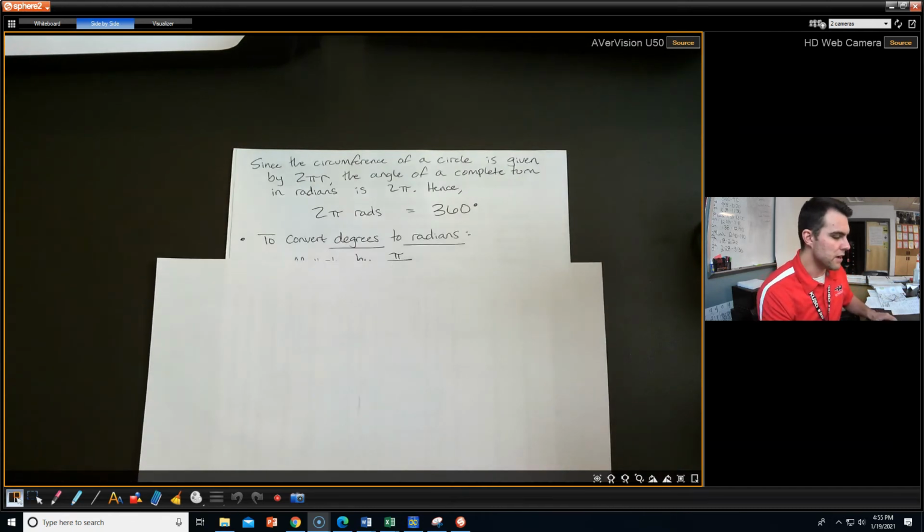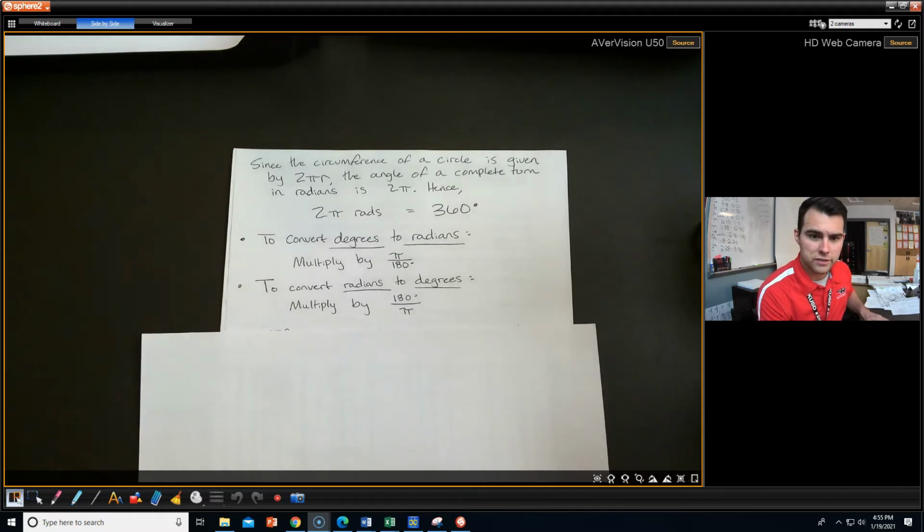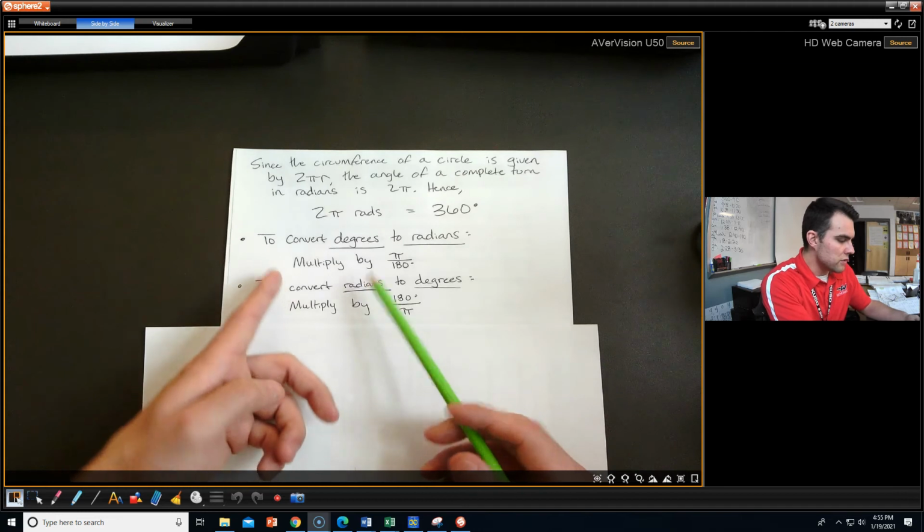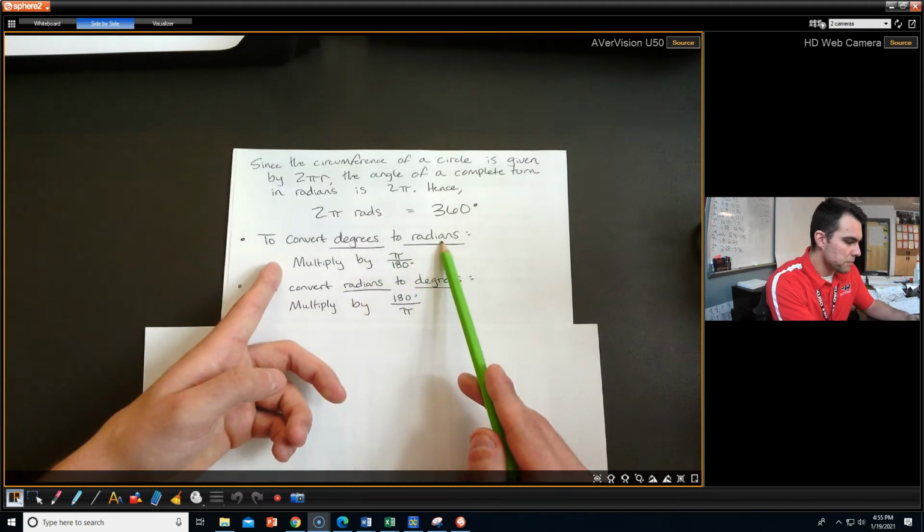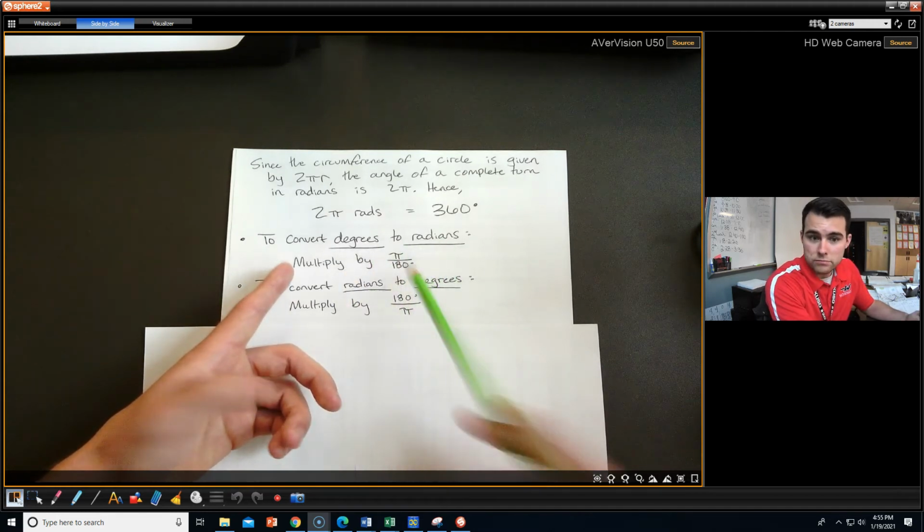conversions that are nice. Now, in general, here's how we can convert from degrees to radians and from radians to degrees. All you're going to do from degrees to radians is multiply by pi over 180.